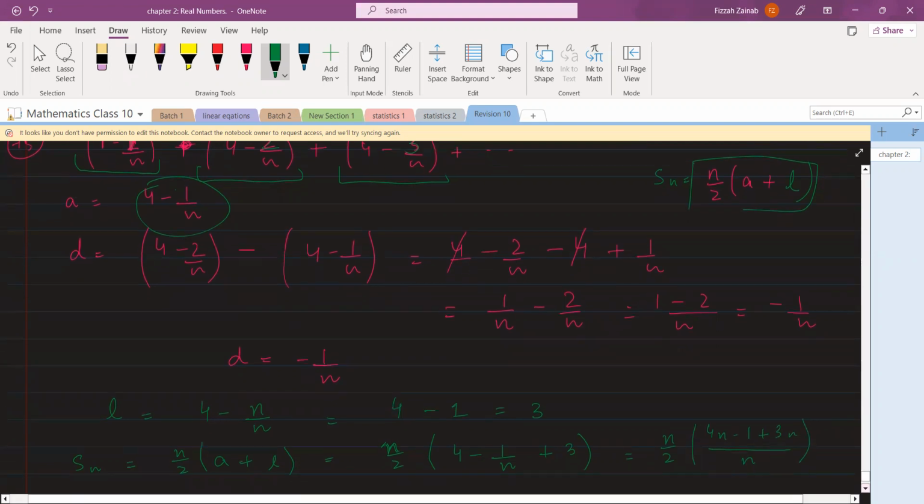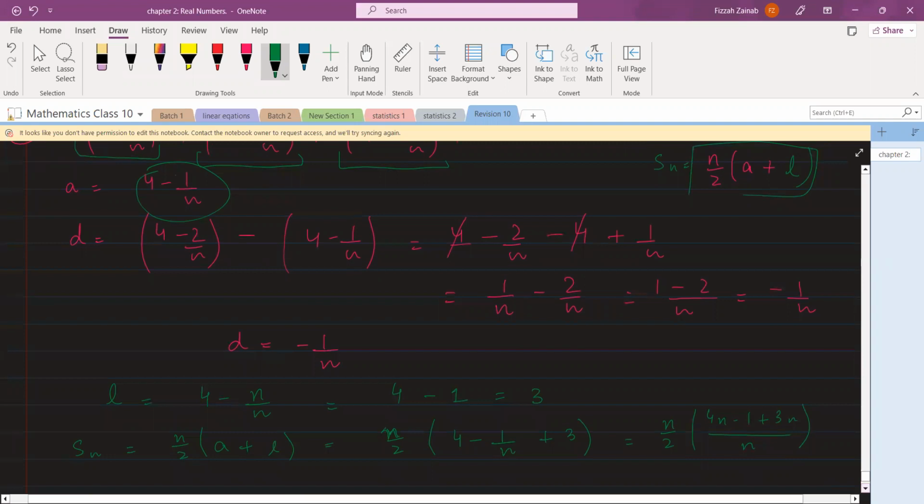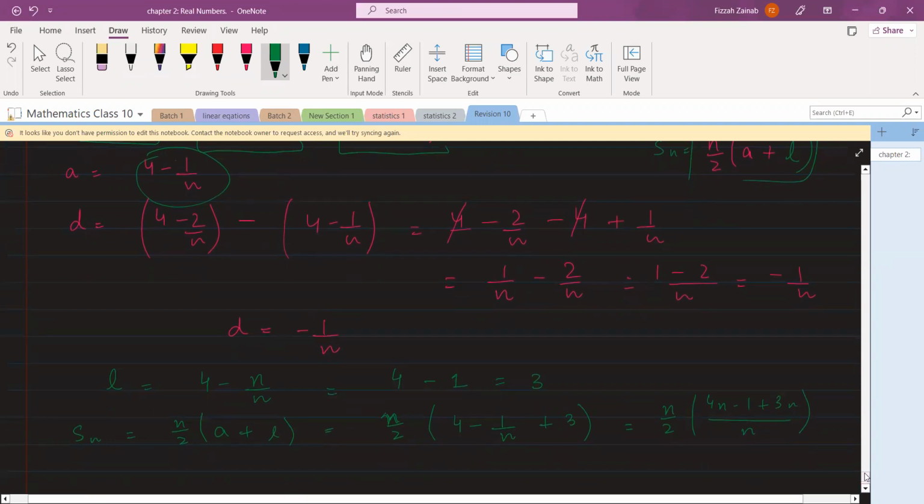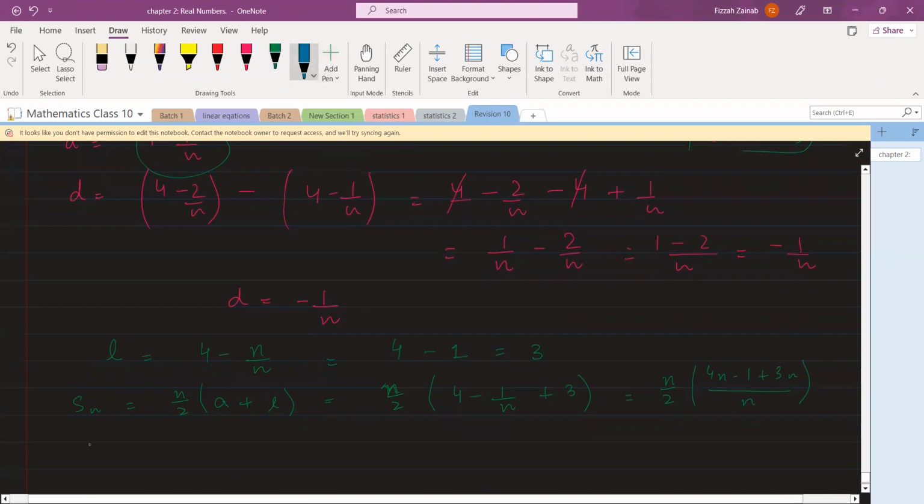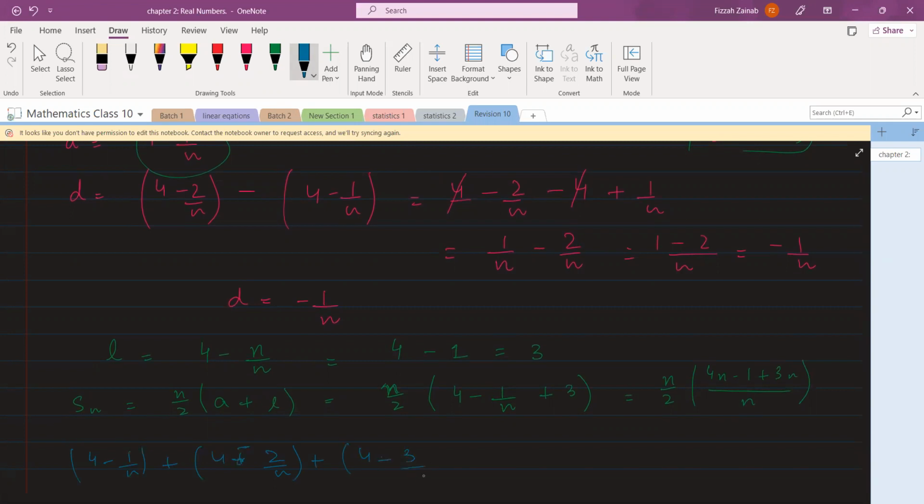So that means, how did you get the last term? So that was what I was saying, Abdullah. Now understand the pattern here. The given series is this: 4 minus 1 upon n, right? Plus 4 minus 2 by n, plus 4 minus 3 by n, plus, and so on.